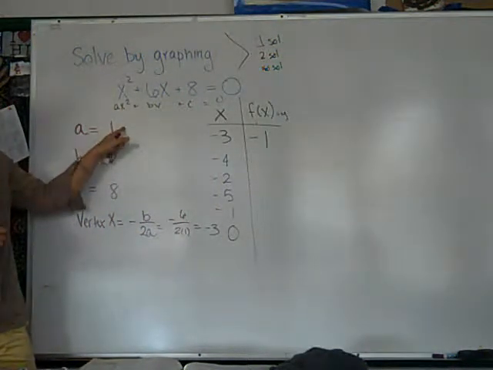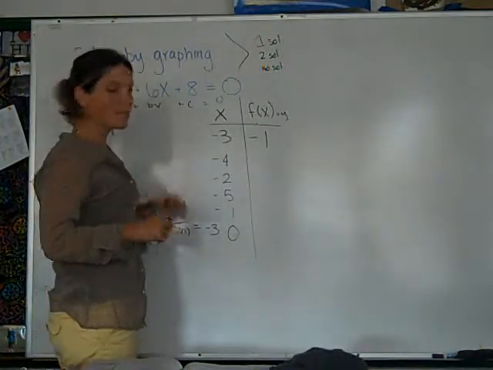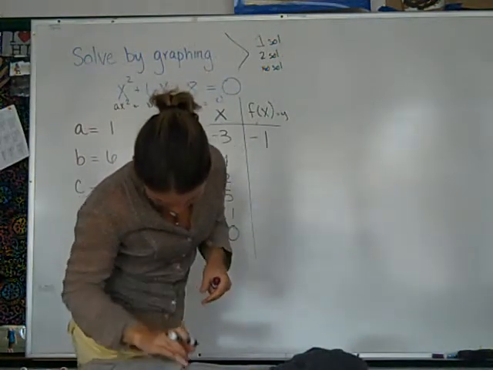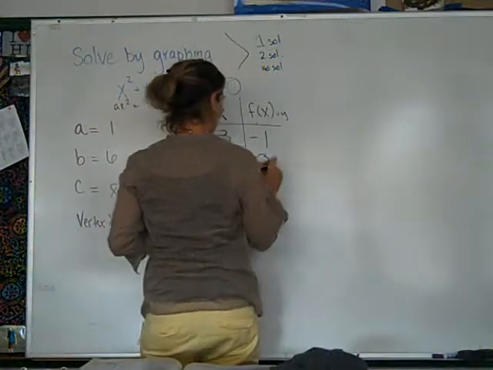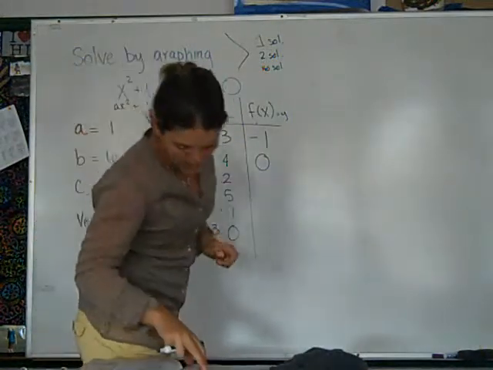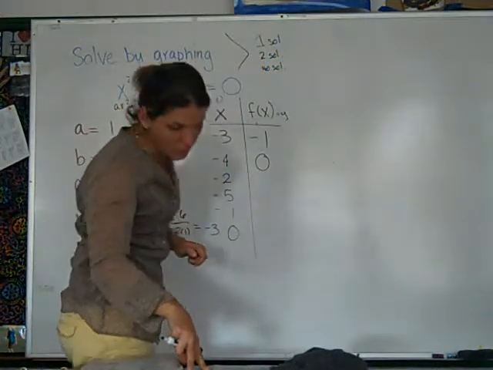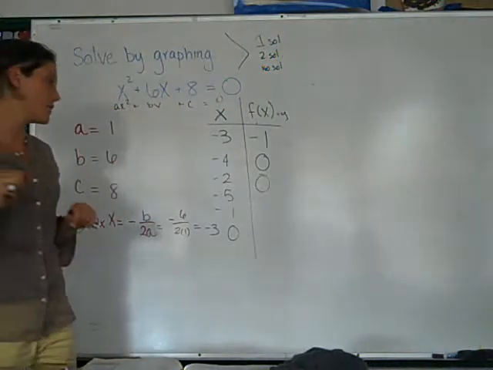Negative 4 squared is 16, minus 24, plus 8. We have 0. If I plug in negative 2, I also am going to get 0, because it's mirroring over on the other side.